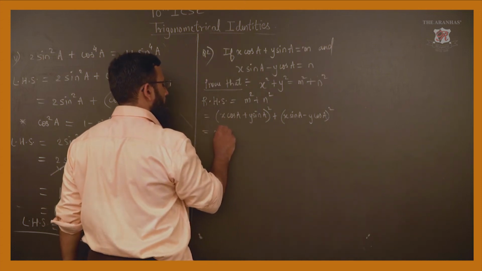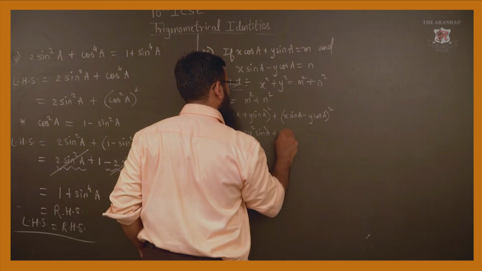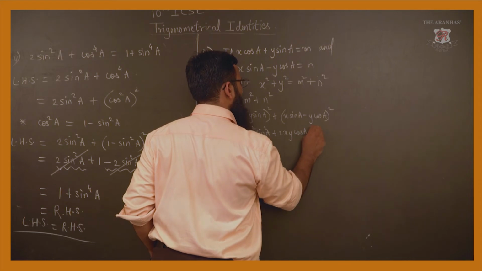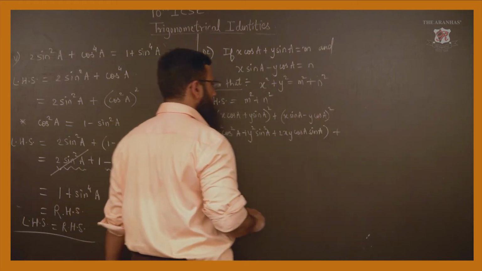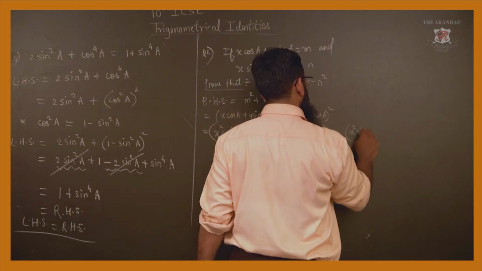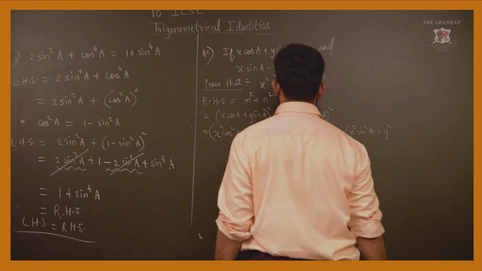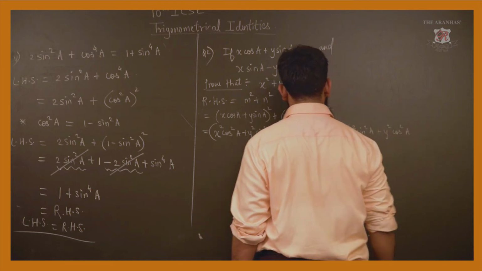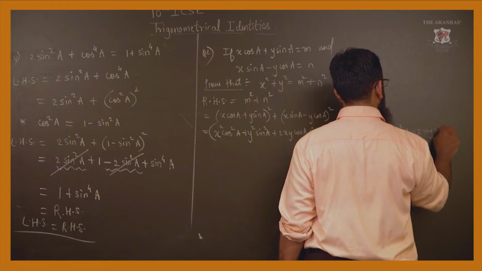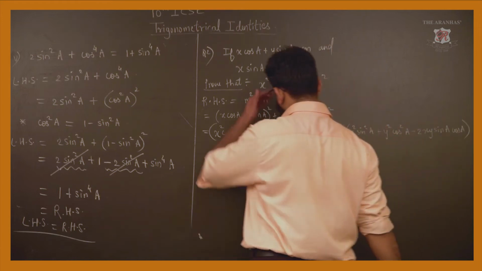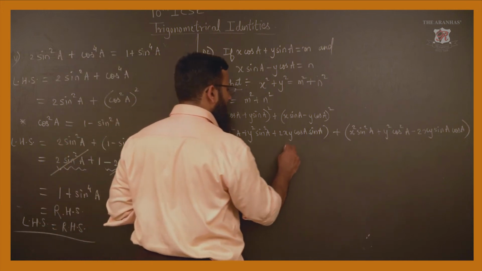So, it will look like x square cos square A plus y square sin square A plus 2 times xy cos A sin A. This is your first bracket plus, now this one will become x square sin square A plus y square cos square A minus 2 xy sin A cos A. So, if you observe it carefully, what I can do in this case, open the bracket, there are like terms present over here with opposite sign.